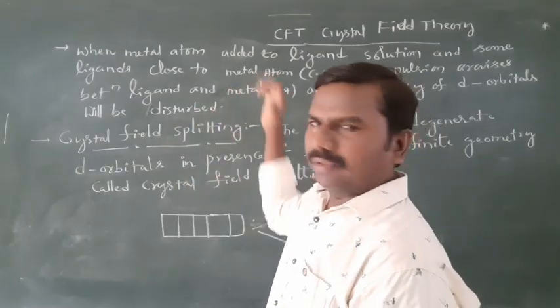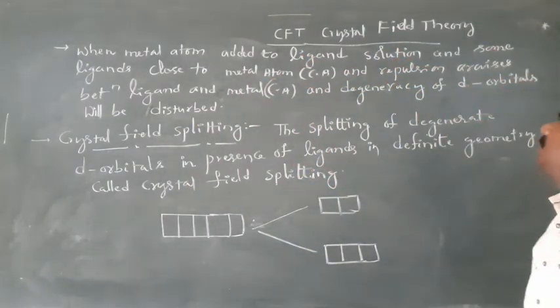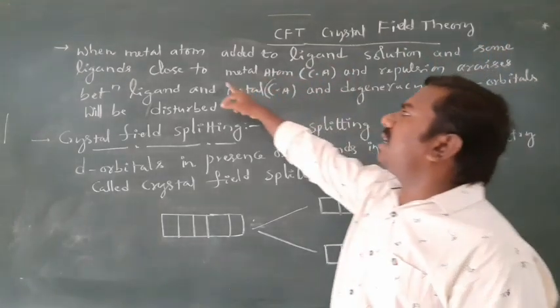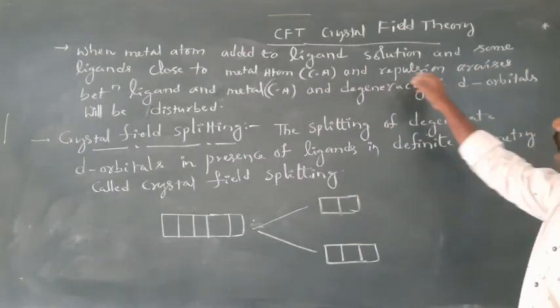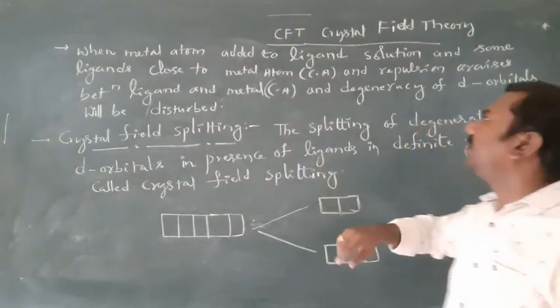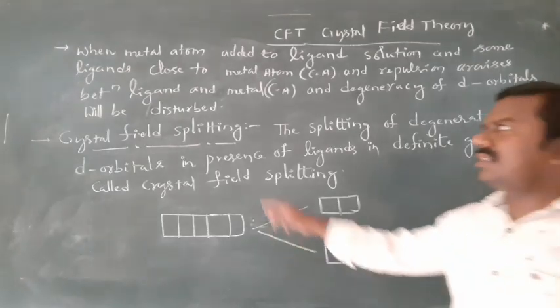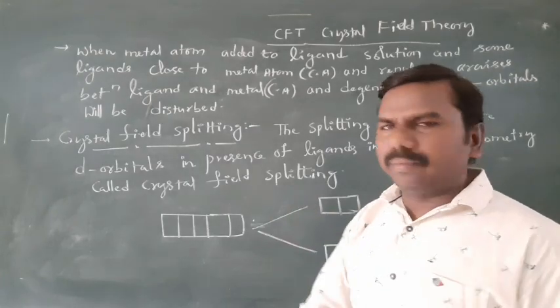That is the point written. When some ligands come close to the central metal atom, repulsions arise between the ligand and metal, and the degeneracy of the d orbitals will be disturbed. It means the degeneracy of the d orbitals will be gone.